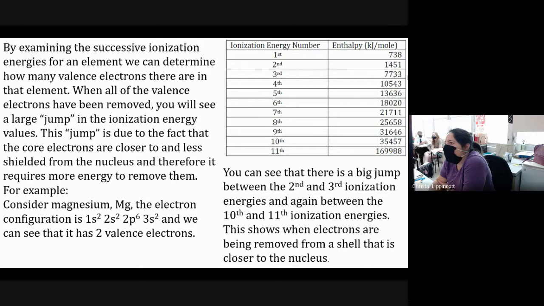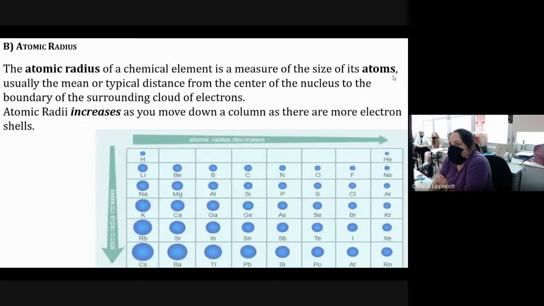Where the big jump happens, that is your noble gas. Because it's going to be really hard. Remember, the effective nuclear charge of that noble gas is very high compared to the previous thing that it was. Okay? All right? Everybody cool? All right.